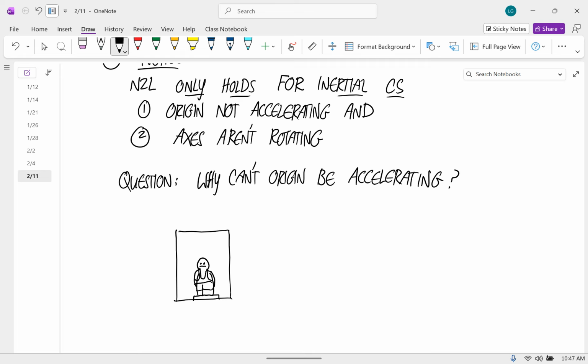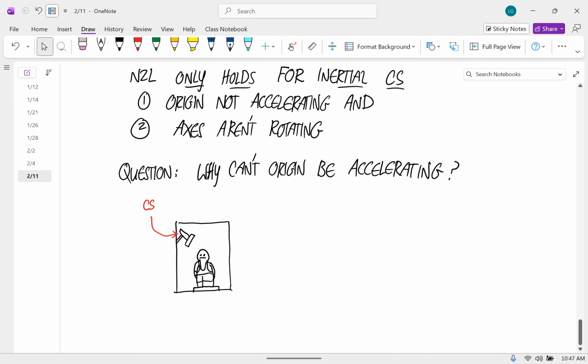And then your coordinate system is defined by this video camera in the corner of the elevator. So this is your coordinate system. And that's watching the motion of this guy. He's stationary compared to the elevator. But now let's say that the cable breaks and the elevator is in free fall.